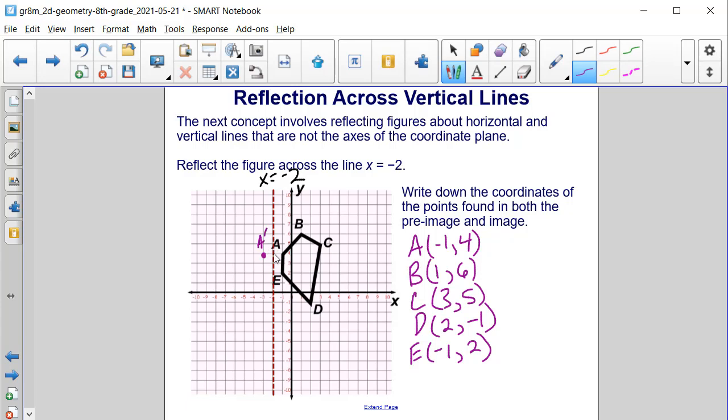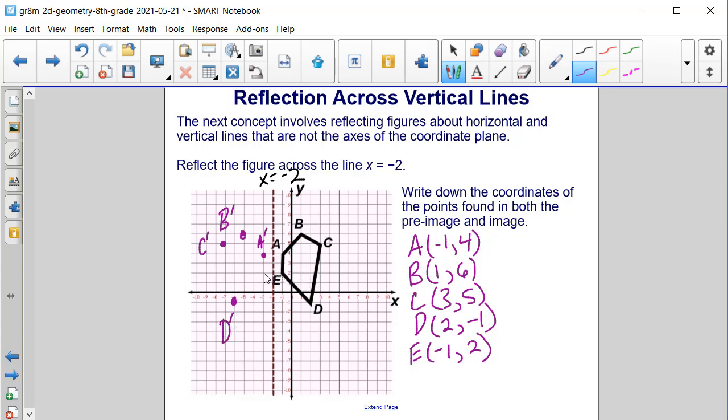So for point A, we have to go 1, so we have to go one more unit here to get to A prime. And then for B, we have to go 1, 2, 3, so we'll go 1, 2, 3 over here. So here's where B prime is going to be. Now for C, we have 1, 2, 3, 4, 5. C prime. D prime, 1, 2, 3, 4.